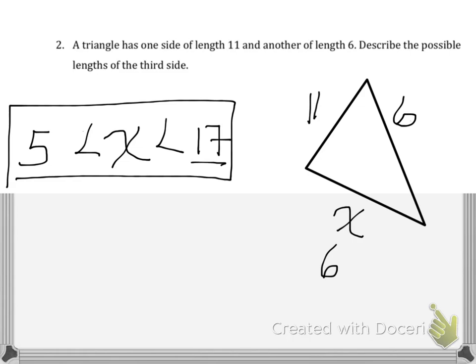That gives me the upper range, and then I subtracted them. That gives me the lower. So x has to be less than the upper and greater than the lower, and that will build a nice triangle for me. So this ends the notes. You should be able to do the homework, which is the practice problems that you have at the end of your packet.